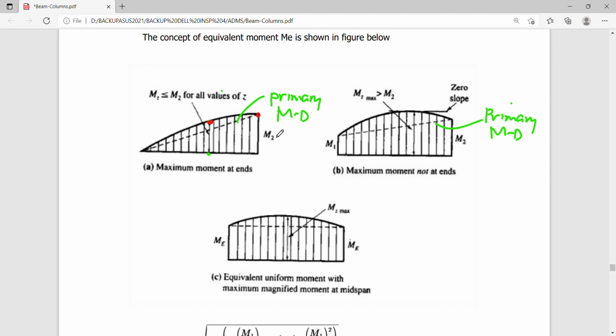Okay, so we are referring to M2 again because M2 is greater than M1.